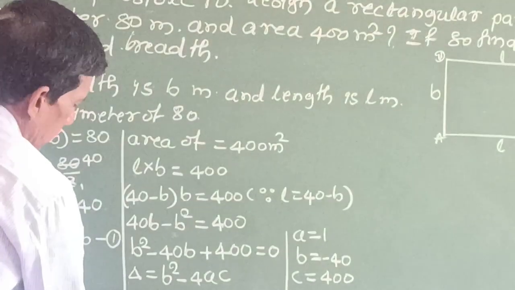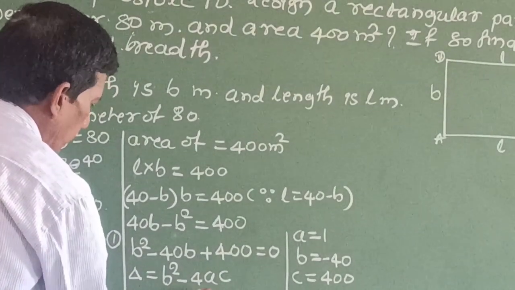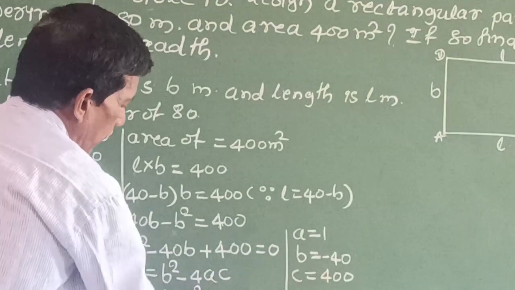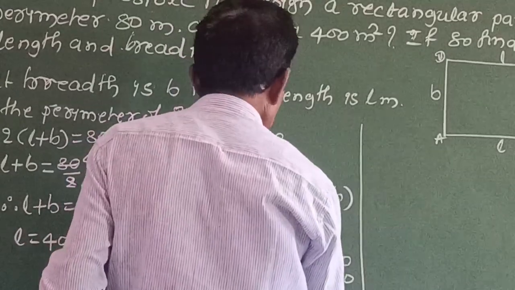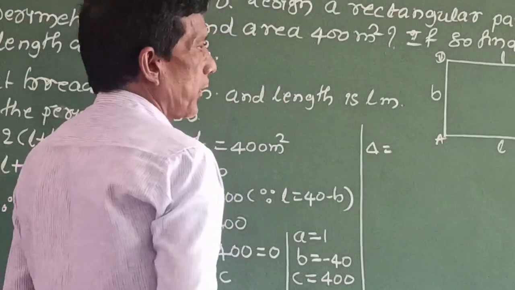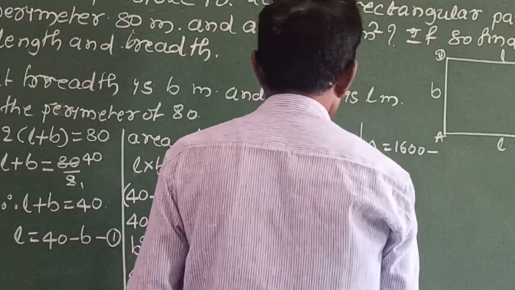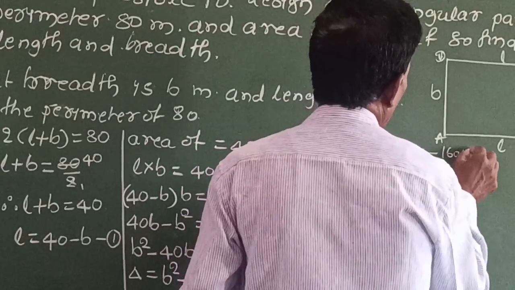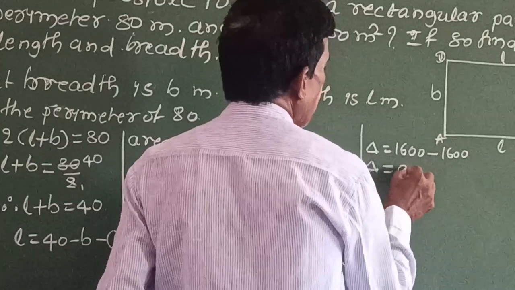There is delta equal to minus 40 square minus 4, A is 1 and C is 400. So next, delta equal to 40 into 40, 1600, minus 4 ones are 4, 4 fours are 16, 1600. Delta equal to 1600 minus 1600 is 0.